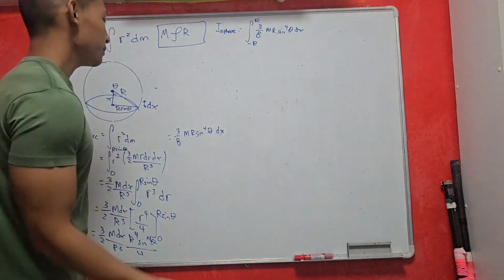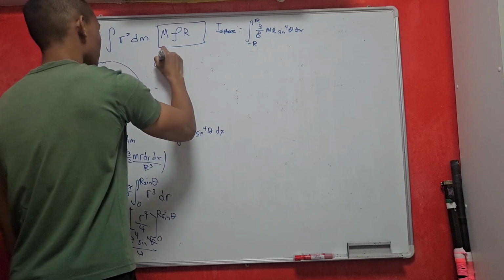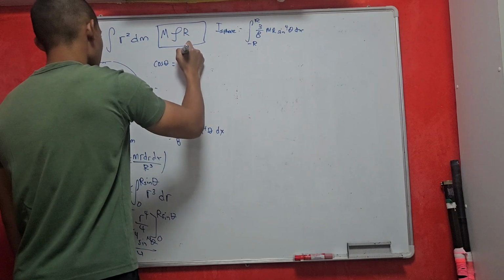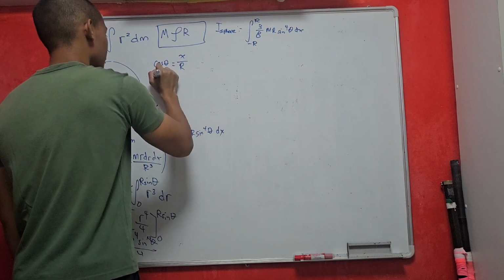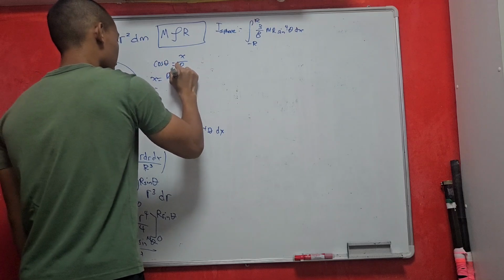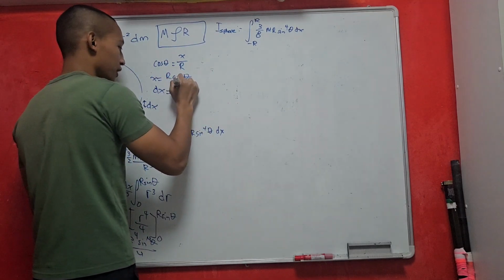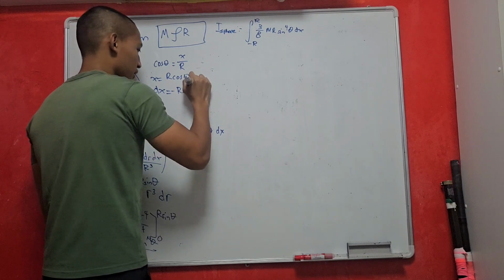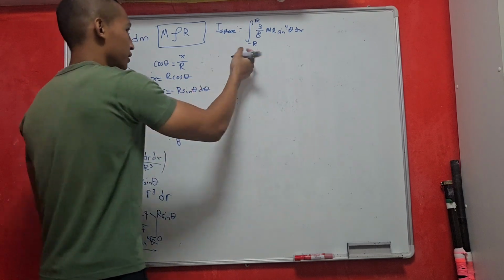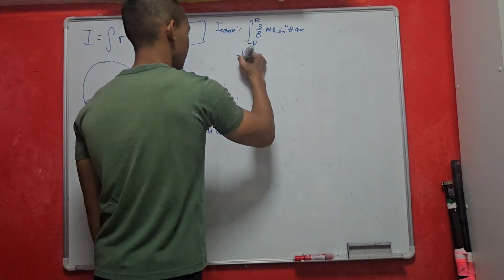So simply, we know that cosine theta is equal to x over r. So x is equal to r cosine theta. So dx, differentiate this, is negative r sine theta d theta. Then we can just substitute this.